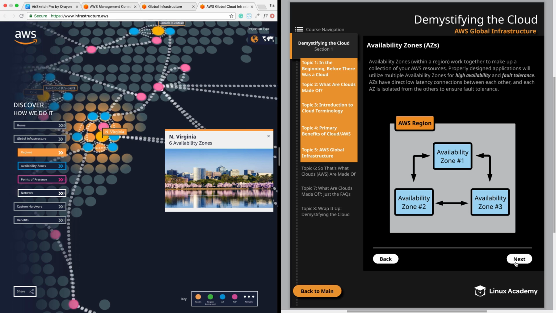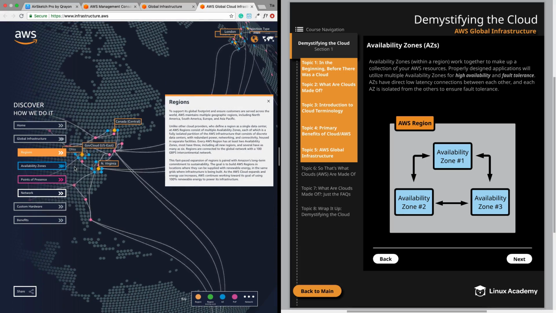Availability zones have direct, low latency connections between each other, and each availability zone is isolated from others to ensure fault tolerance. Now, when we say it's low latency, we basically mean that it's a fast connection between the sites, and there's not a lot of delay or lag when traffic is sent between the availability zones. So I'm going to go ahead and close this pop-up.